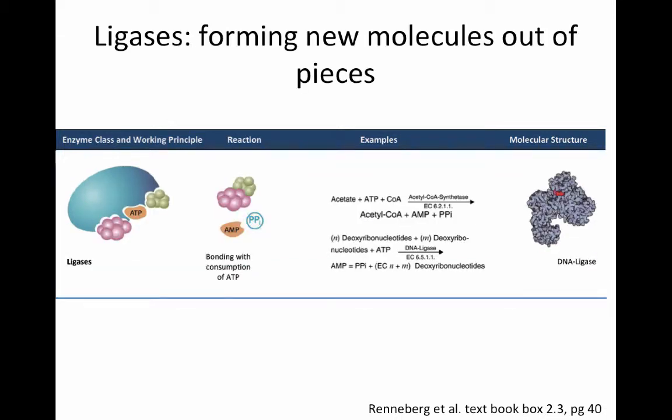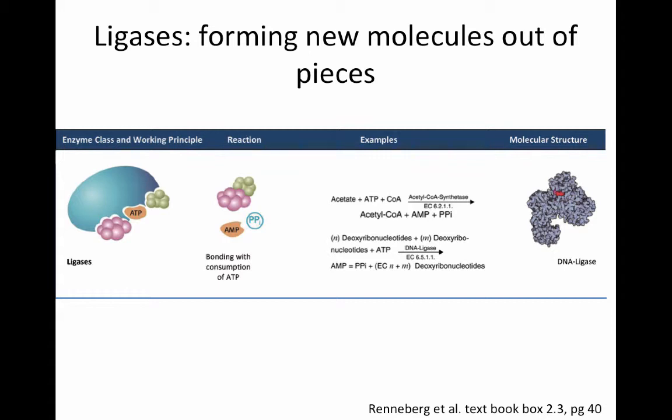And then the 6th group are ligases. Basically, I've described this as forming 2 molecules from pieces. And so, again, we have a coenzyme here. ATP is the coenzyme because, as you could imagine, it takes a lot of energy to build bonding structures and to form new bonds, to form new molecules. The example here would be DNA ligase, or when we talk about DNA polymerases.